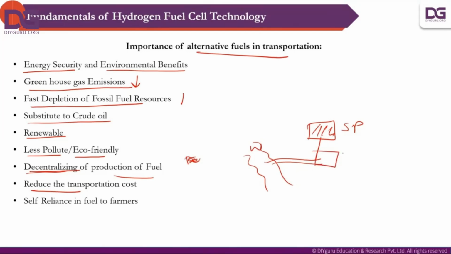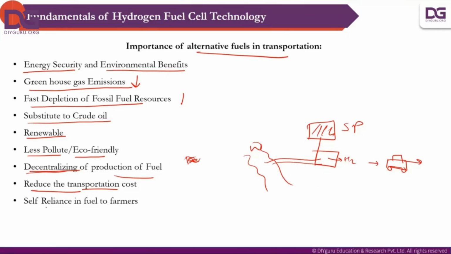In house you are generating the hydrogen, and that hydrogen you are using as a fuel in your vehicle. So the transportation cost is reduced, as you can generate your own fuel. This is just an example, it does not mean you should start generating at your home from today. I am just explaining that this kind of small facility can be implemented at different locations, which will reduce the transportation cost.